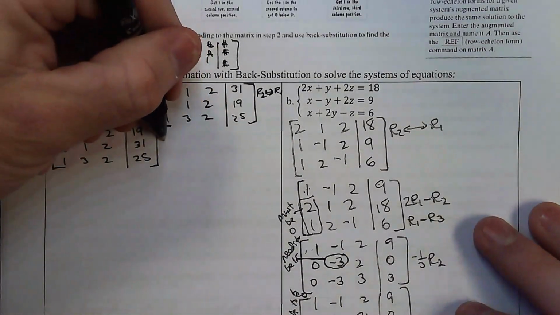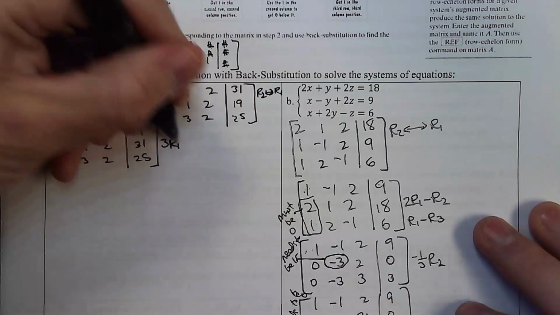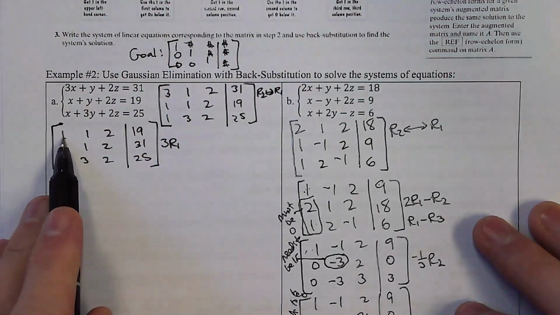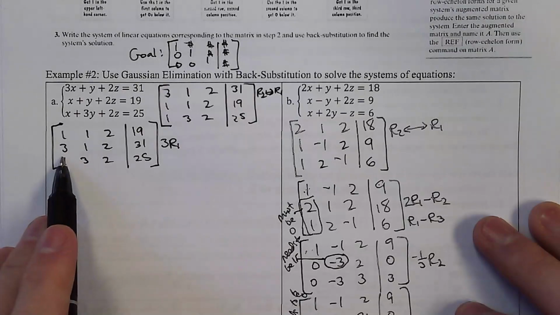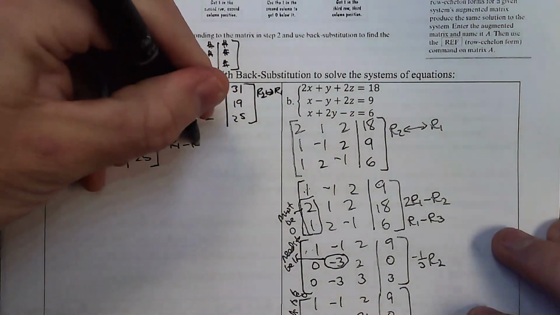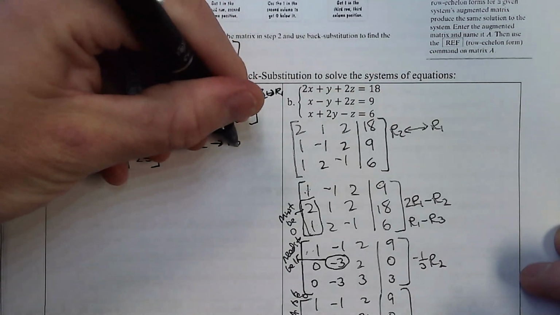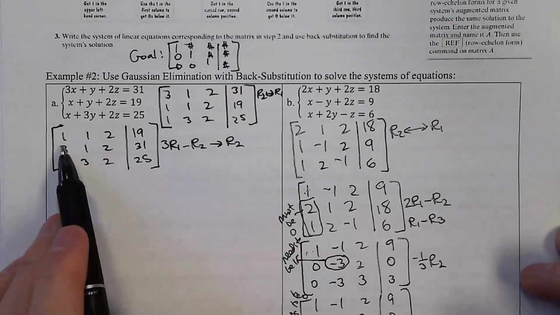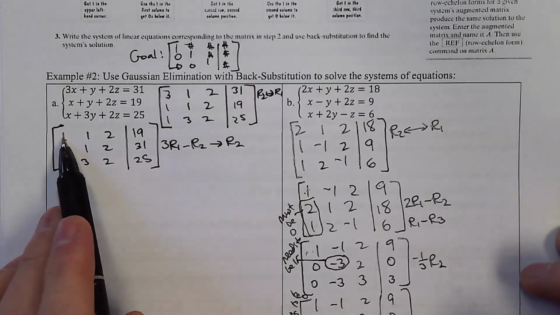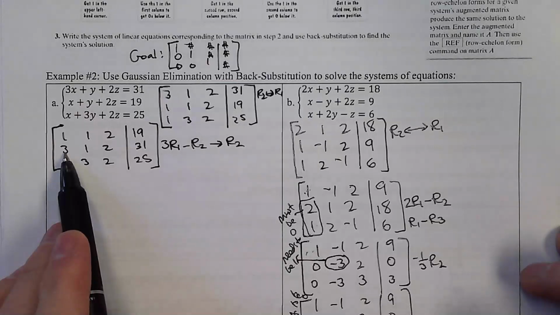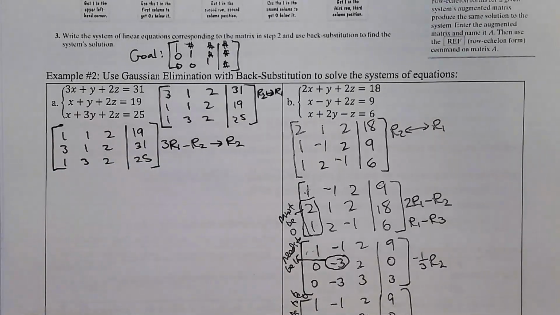If you do 3 times R1, 3 times the first row minus the second row, what's 3 times 1? 3 minus 3, 0. So you could do that.